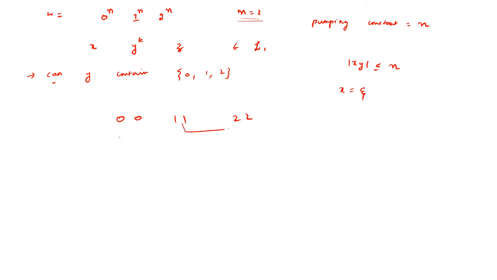Then at most you can accommodate only 1 and 2, because once you accommodate these, you have exhausted the pumping length n. For all the symbols 0, 1, and 2 to be part of the substring y, you should at least consider 0, 1, 1, 2. But you cannot do this because the length of y will become 4, which is much greater than 2.